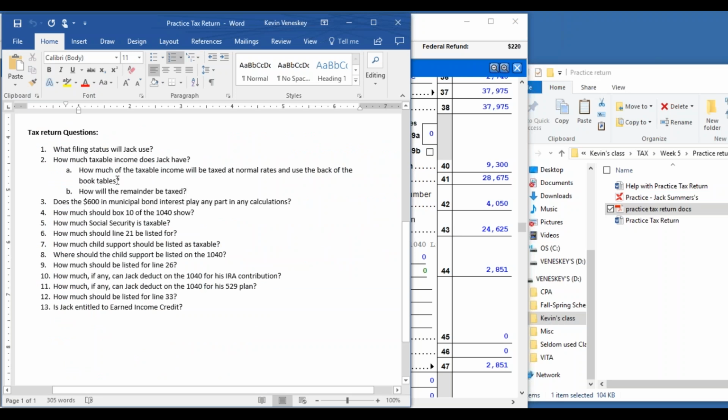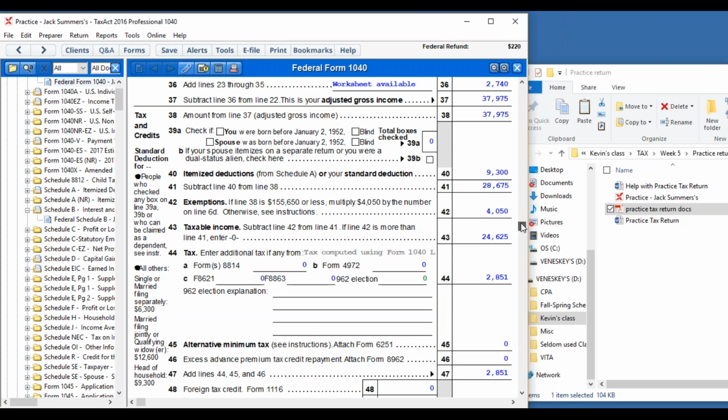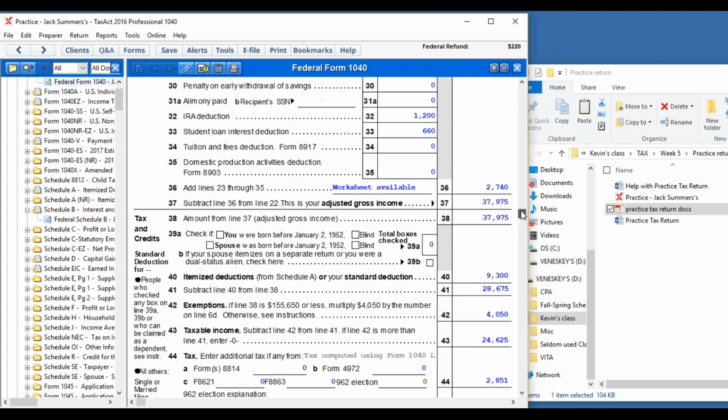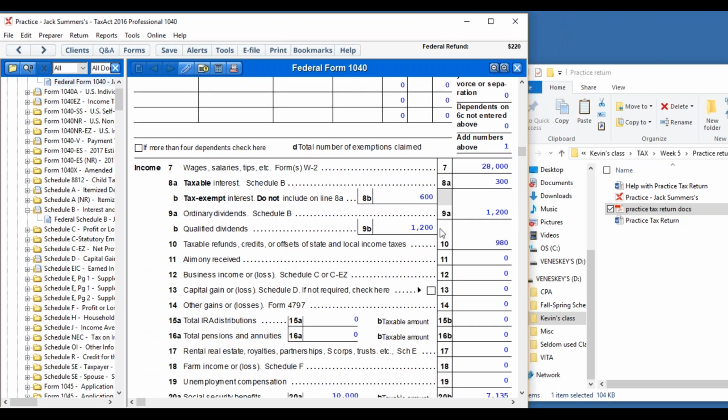And then it asks how much of this taxable income will be taxed at normal rates, using the back of the book tables, and what's left. If you just want the real quick answer, the taxable income in the back of the book is not going to use $24,625. They would use that if we didn't have the qualified dividends.